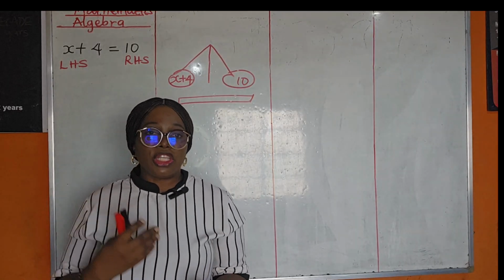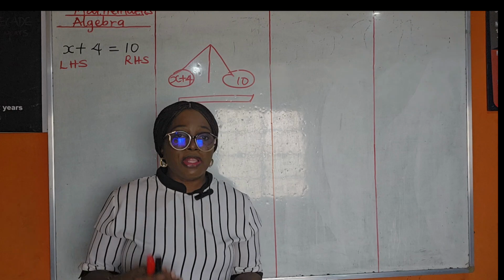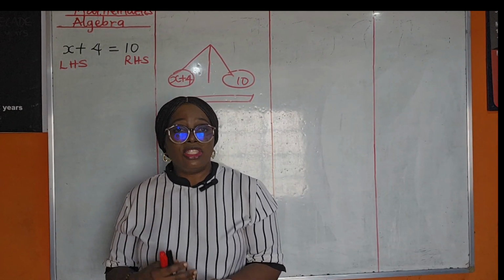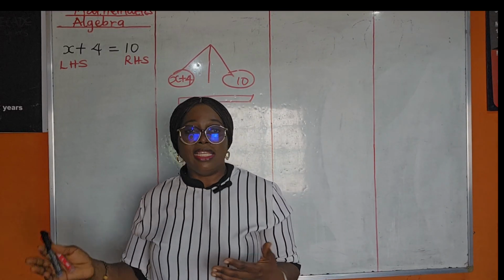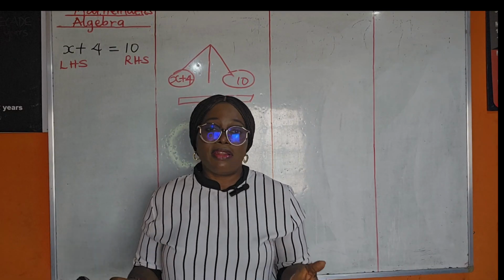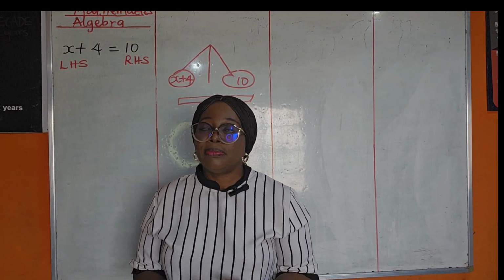We have to know our multiplication of signs, because we'll be playing around with negative numbers in algebra. So it's very important you know how to add negative numbers, subtract negative numbers, multiply, and divide, because algebra is no respecter of signs. You'll be playing around with negative numbers and you must get your answer correctly.